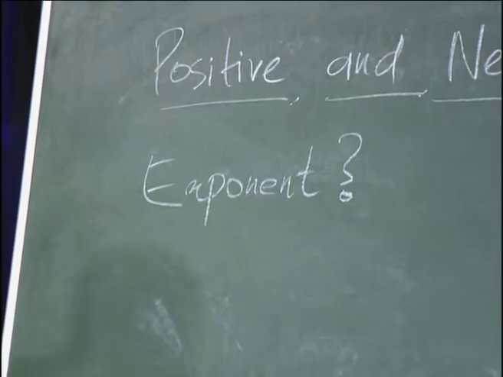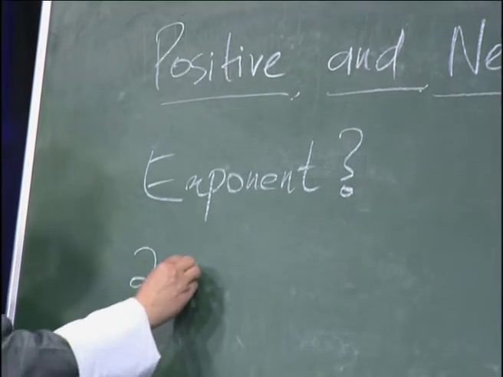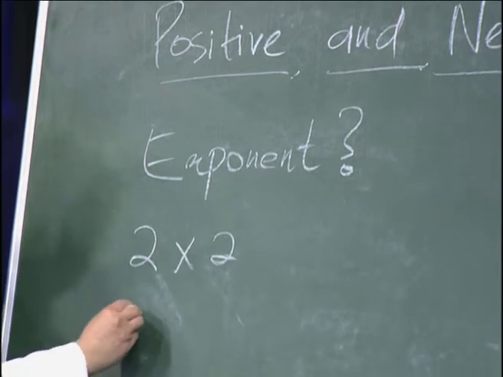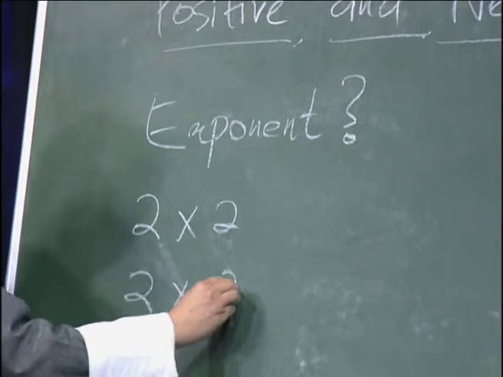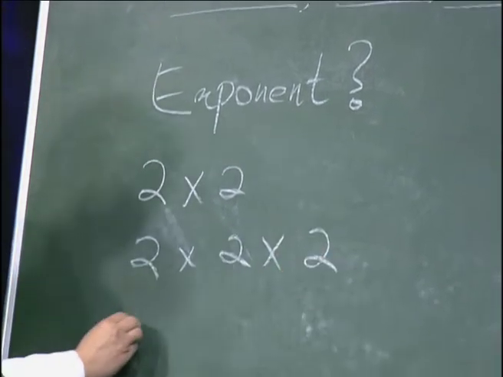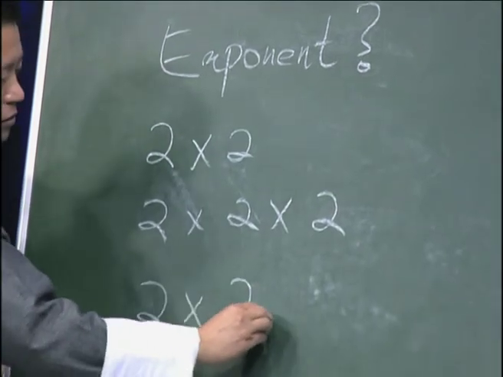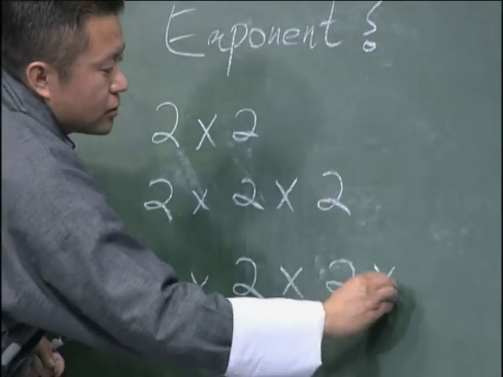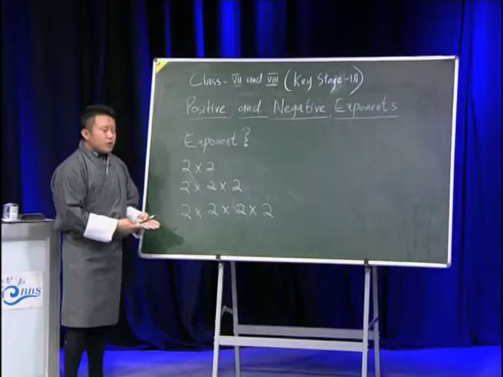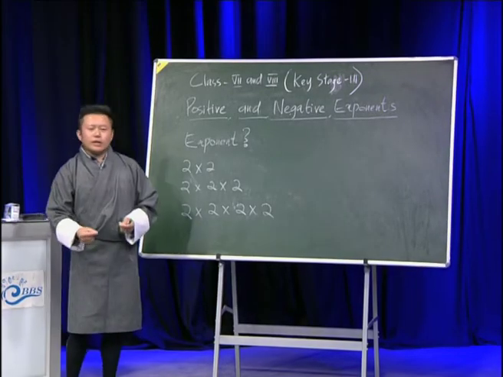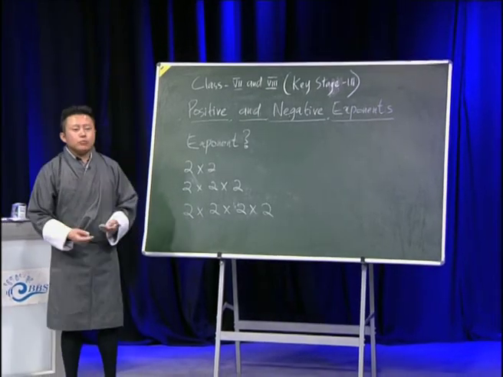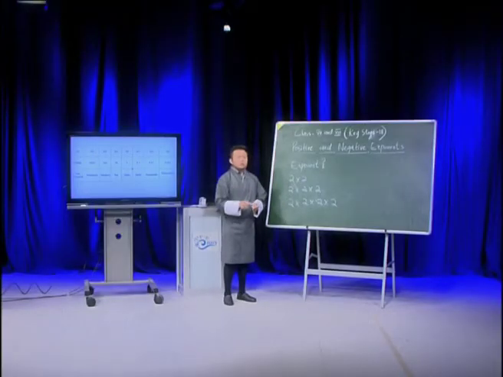For instance, 2 times 2, 2 times 2 times 2, 2 times 2 times 2 times 2. Now when you have to multiply the same number again and again, we get bored at times. That's where exponents come in.